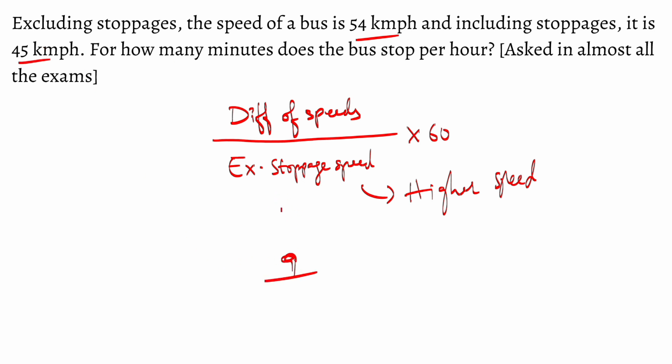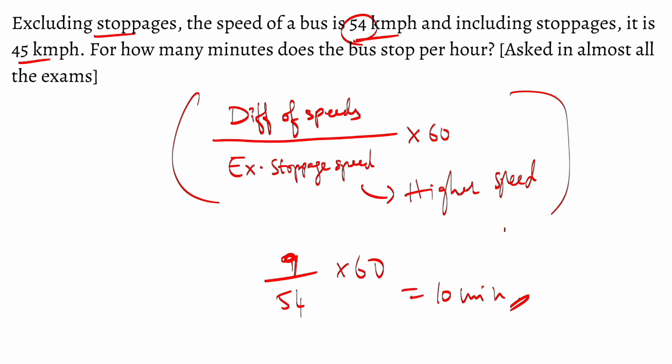And the excluding stoppage speed is 54 kmph, right? 54 into 60, calculate this, you'll get 10 minutes. The answer is 10 minutes. Very simple. No traditional approach is required for this standard problem. Whenever you find excluding stoppage, including stoppage, you can definitely apply this directly.